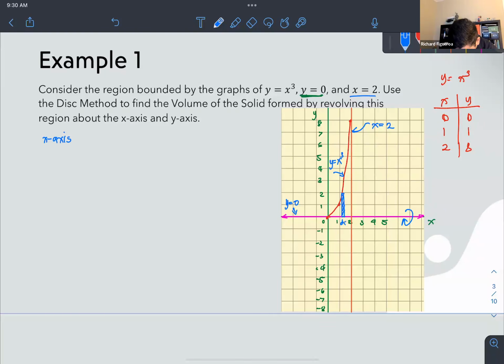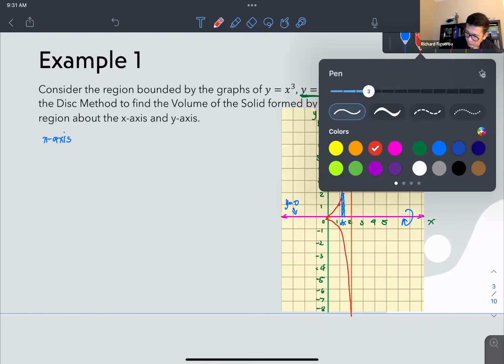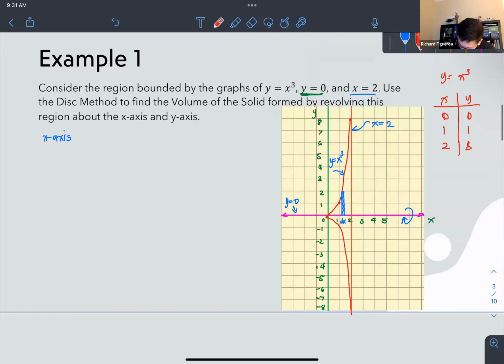So therefore, this would be the x. Since vertical strip yan, tapos paikot natin sa x-axis, ang line of symmetry natin is the x-axis. So I'm going to form a symmetrical figure. So this is how it will look like, and this is our 3D figure.